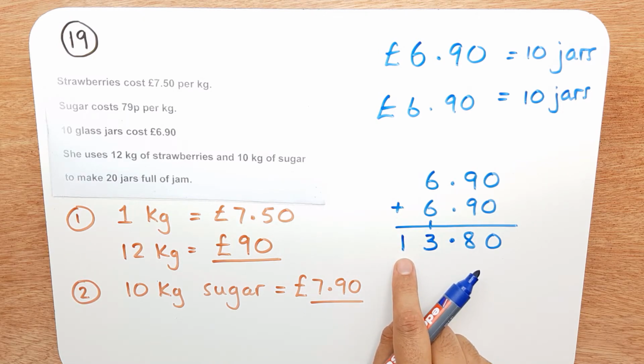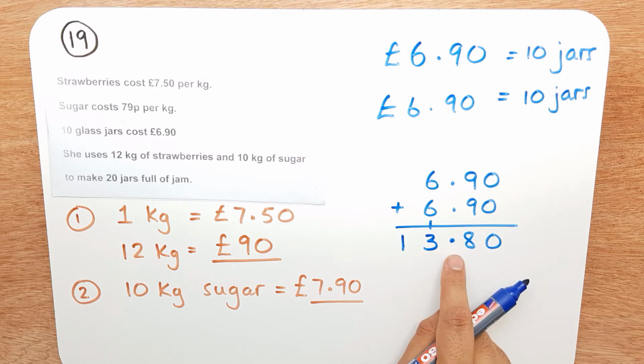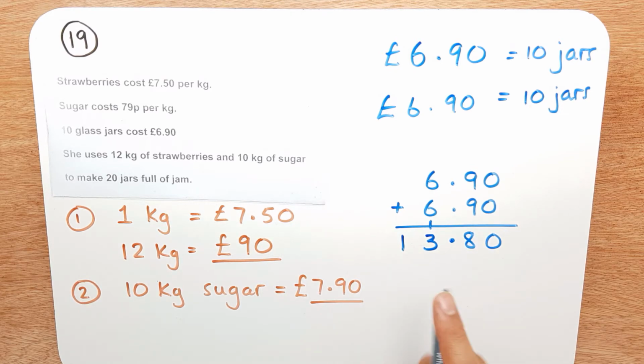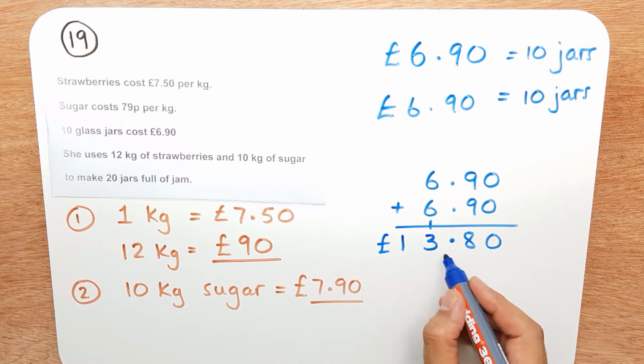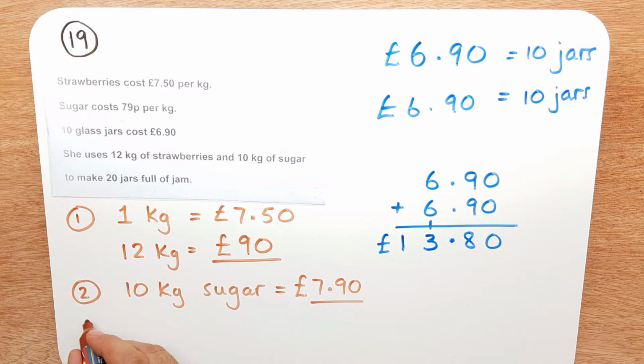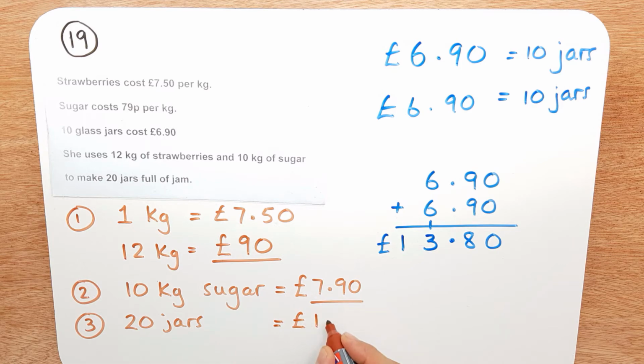So our answer is 13.80. And because it's money, it's £13.80. So we can put this down here. 20 jars equal £13.80.